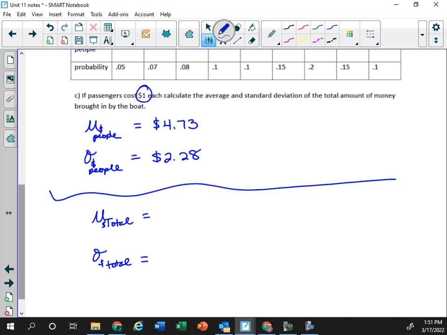Good job. Money total. Tiny money total. Dollars.